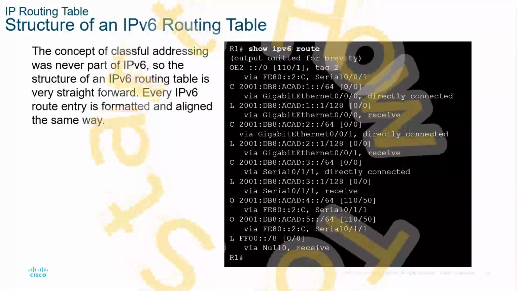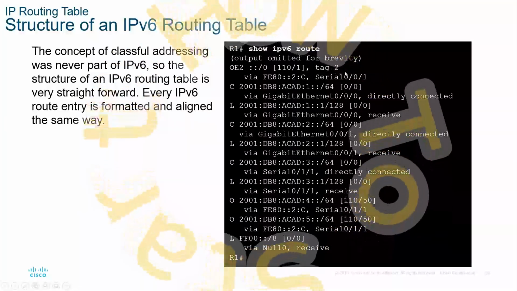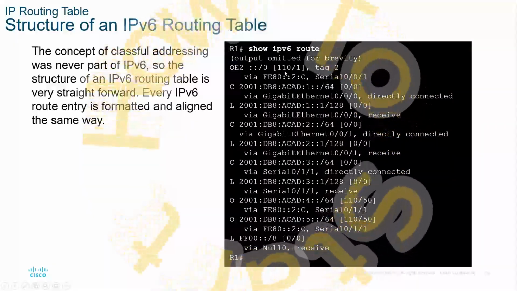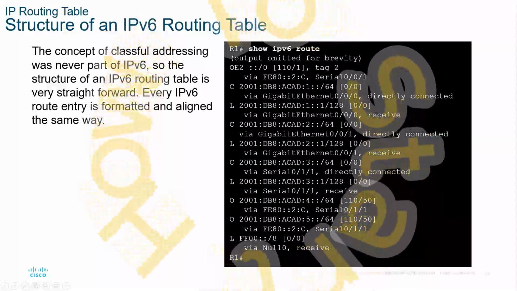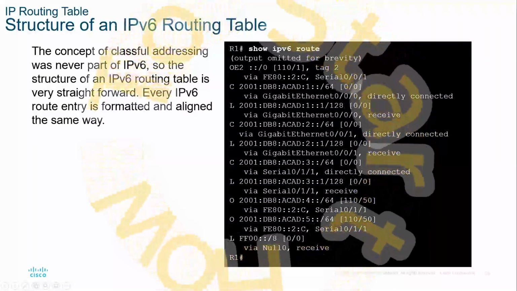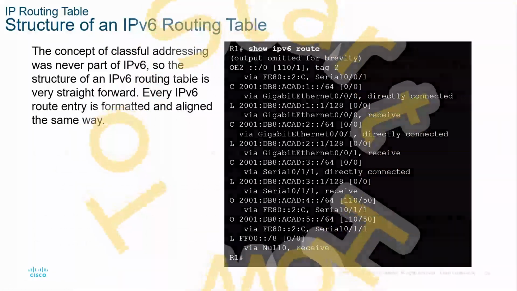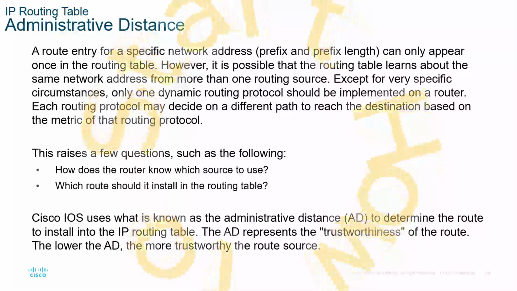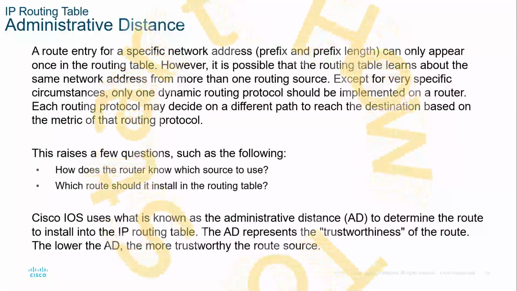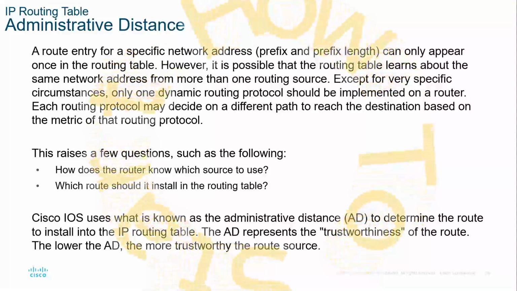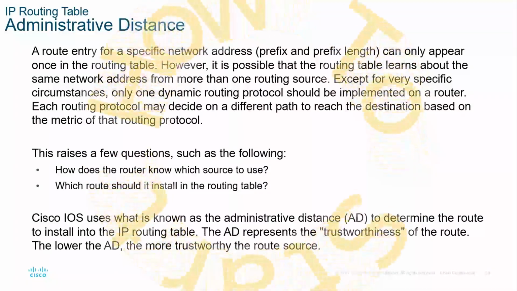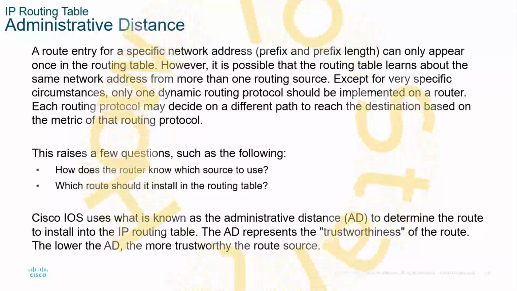So an important concept was administrative distance. You'll notice that here we have 110 out of 1. That administrative distance, or that trustworthiness, we need to understand. First of all, AD, administrative distance, was developed so that we understand the trustworthiness of that route.